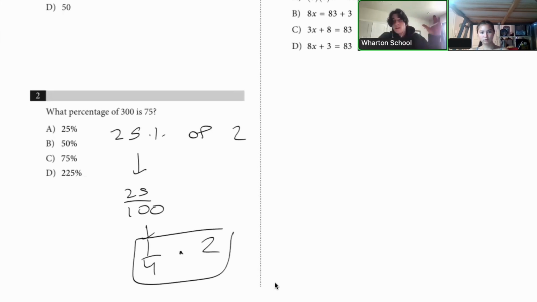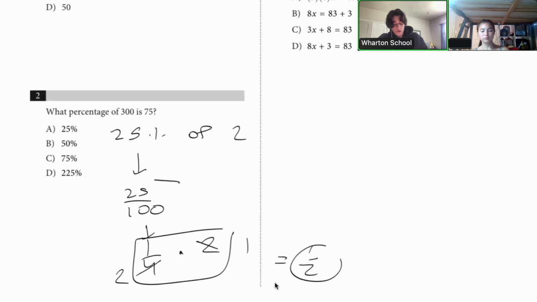Having things as fractions makes it easier to break things down to get the answer quicker. Because then we can say, what's 4 divided by 2? 2. And what's 2 divided by 2? 1. And you're doing 1/2 times 1, which is just going to be 1/2.